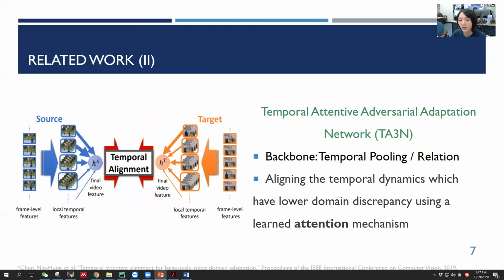In addition to spatial discrepancy between frame images, videos also suffer from temporal discrepancy, which can be considered as local temporal dynamics with different contributions to the overall domain shift. Motivated by this, TA3N assigns different weights to the source and target segments with a proposed temporal attention mechanism, forcing the model to attain temporal features of low domain discrepancy.